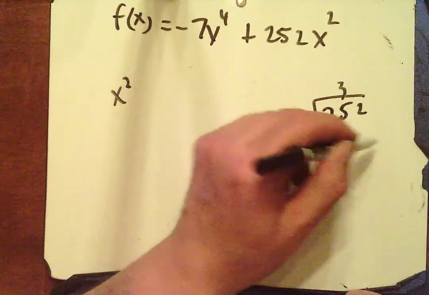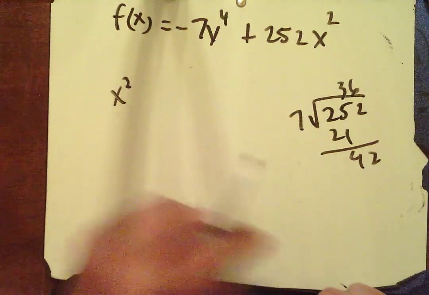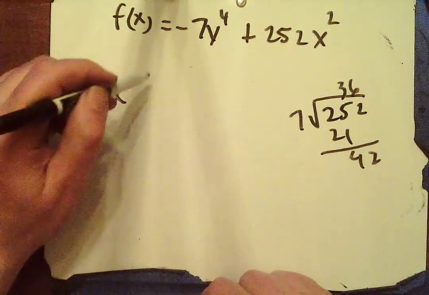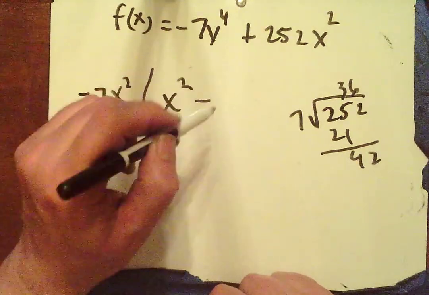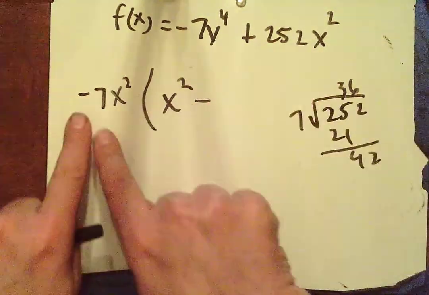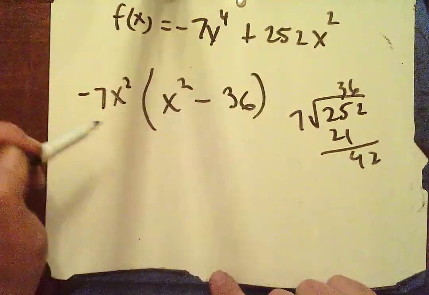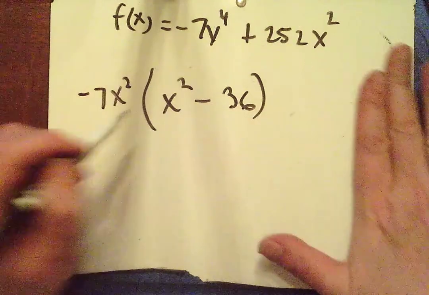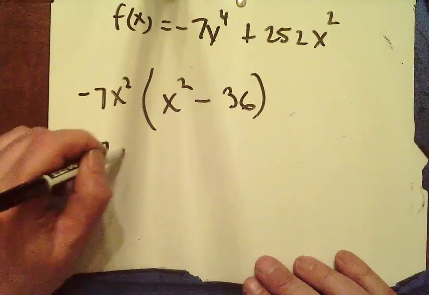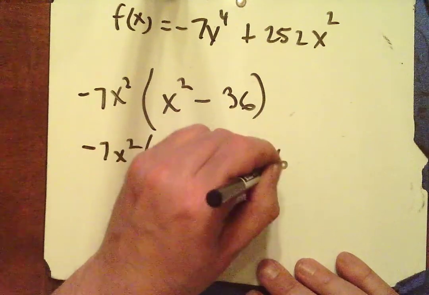I'm going to pull out a negative 7x squared, which will leave me x squared minus, because I'm dividing by negative 7, so I get minus 36 left over. Oh, a difference of squares. Negative 7x squared, x minus 6, x plus 6.